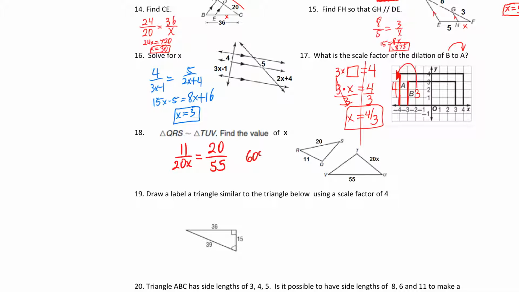Okay, so we get 605 equals 400x. Okay, so you get about 1.51.